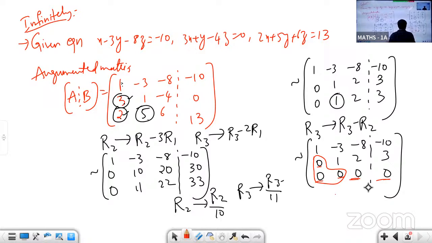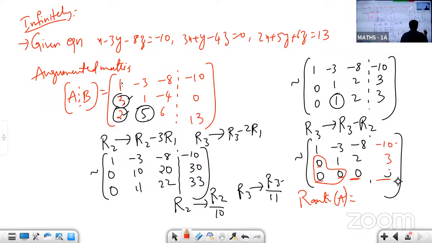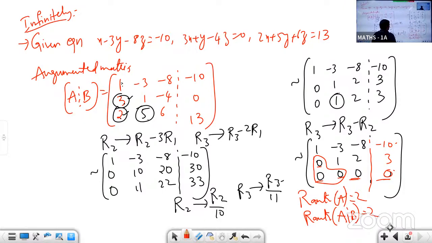So students, here, rank of the coefficient matrix: number of non-zero rows, 1 and 2. Rank of the augmented matrix: number of non-zero rows, still 2. But number of unknowns are how many? 3.